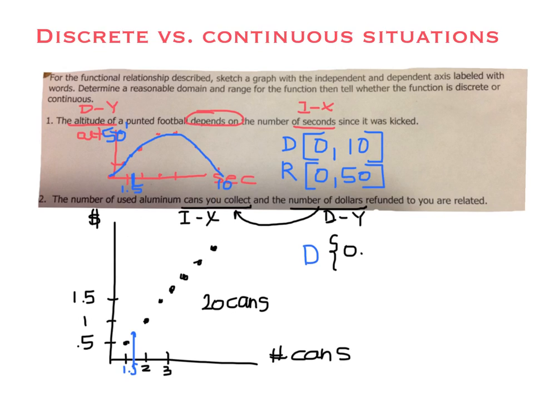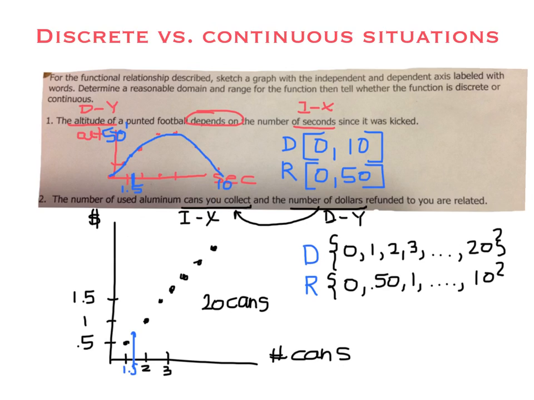So I could do anything from 0, and I don't want to list all the way to 20, so I'm just going to do this. And range is the same thing, but I can make 0 money, I can make 50 cents, I can make $1, all the way up to $10. That would be my range.